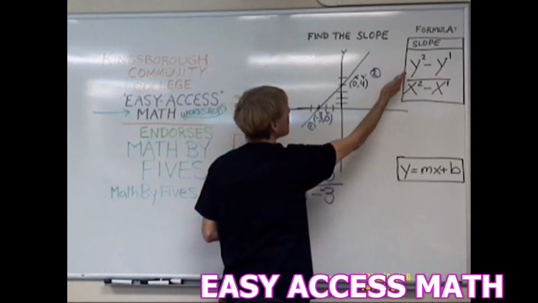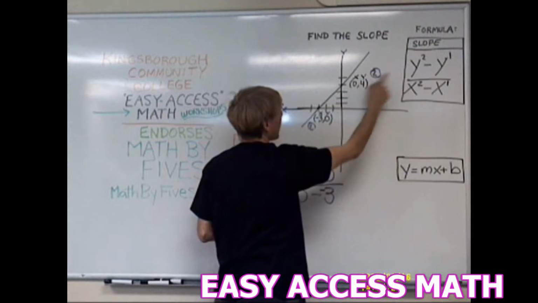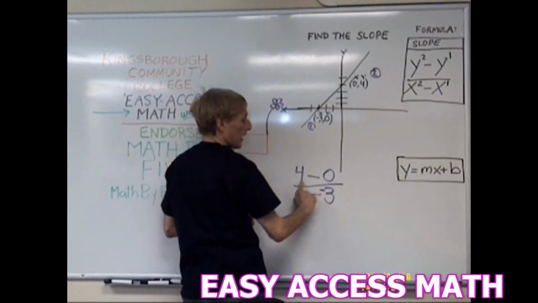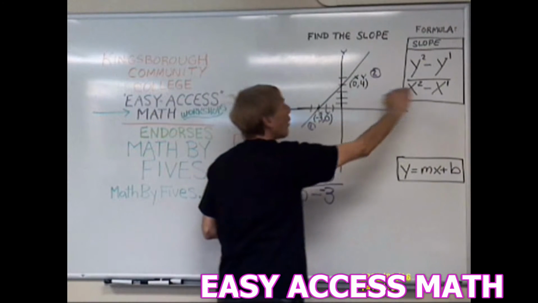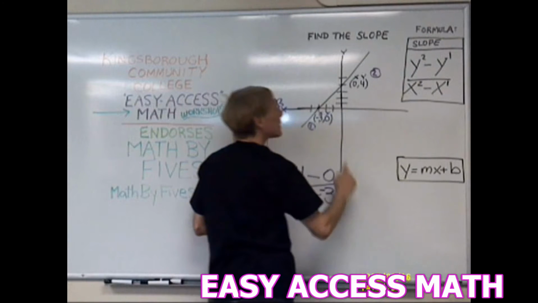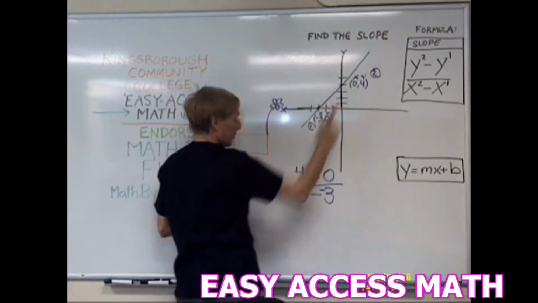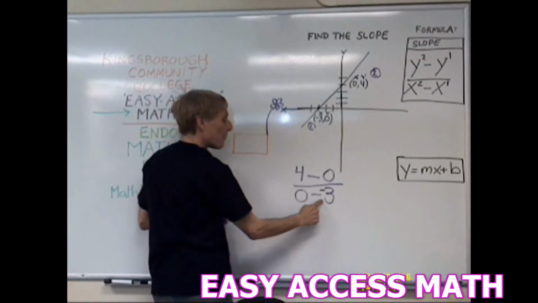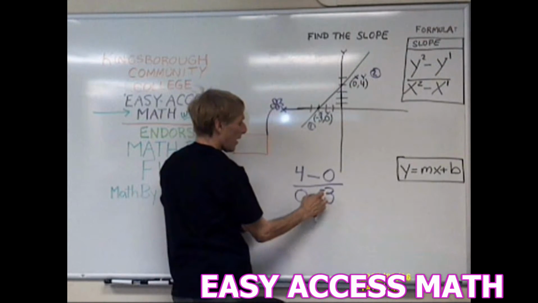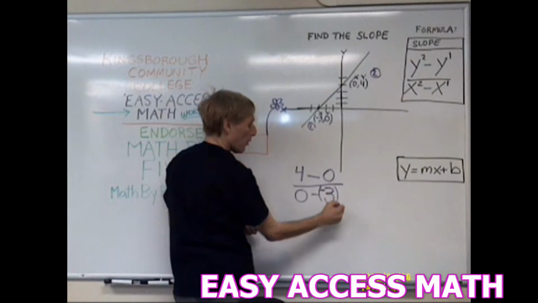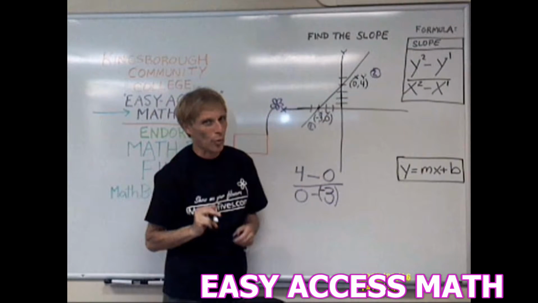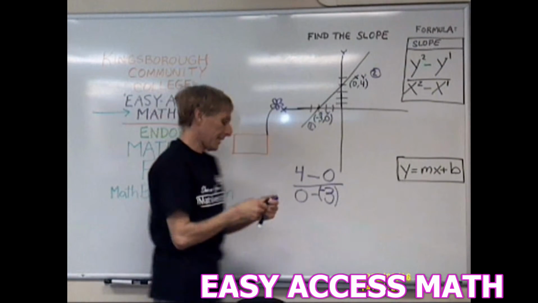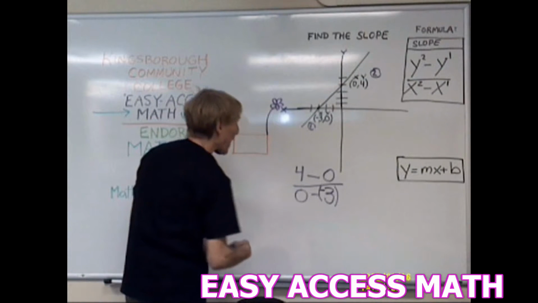It's y2, the second point of y, minus y1, the first point of y, and I put that right over here, over x2, which is my second x, which was 0, minus x1, which was -3. So over here I have a minus, a negative, and you know when I subtract a negative, you remember what happens with that. Watch your sign numbers. And I will now work that out.